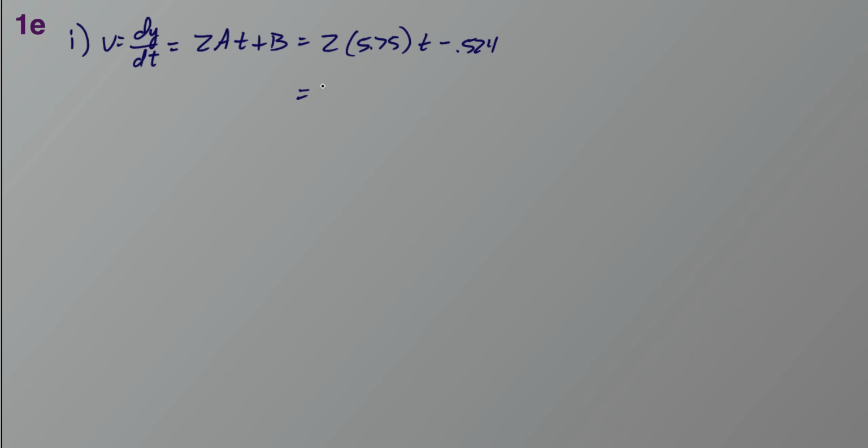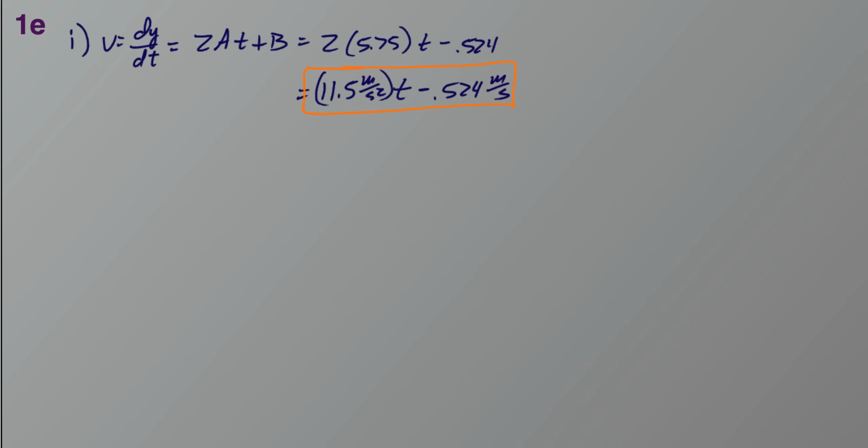So work that out. I come up with about 11.5 meters per second squared times t minus 0.524 meters per second. So I think that gets us in pretty good shape for E1.